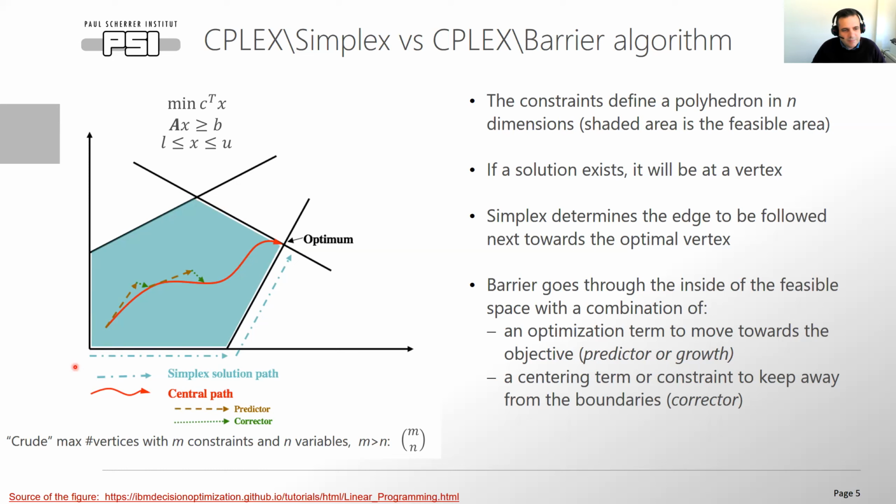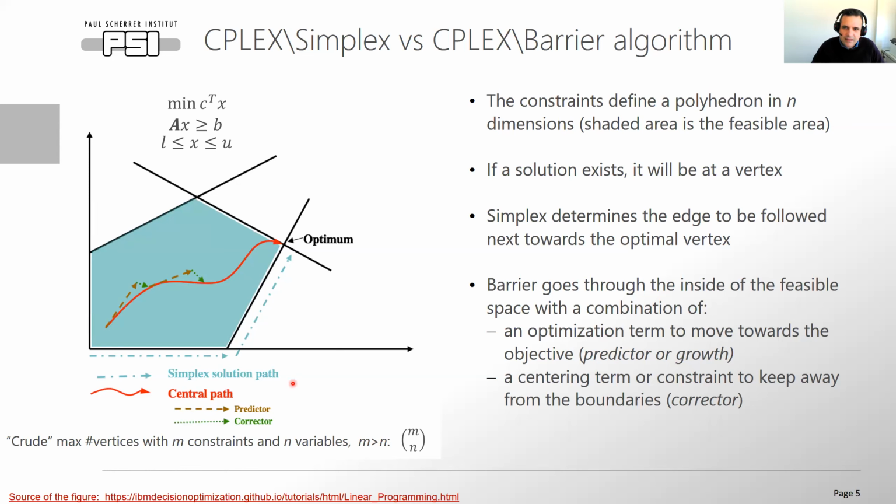What the Simplex algorithm is doing is trying to move from edge to edge until it arrives at the optimal solution. But it has to examine all these vertices, and a theoretical crude maximum number of vertices is given by a combinatorial formula. This implies that the number of vertices that needs to be examined by the Simplex algorithm can increase exponentially with the size of the model.